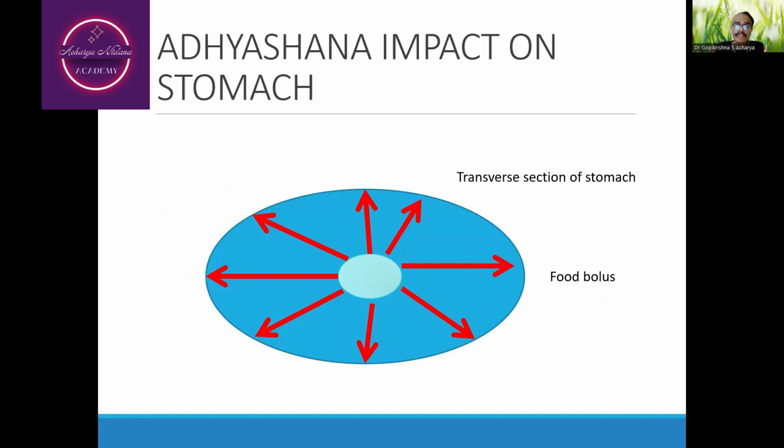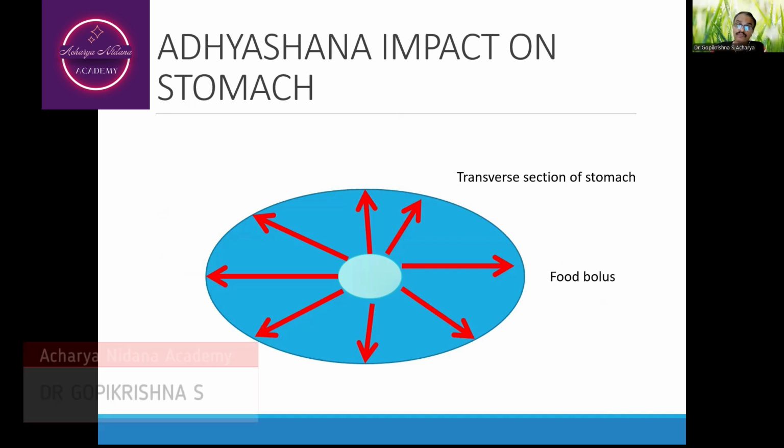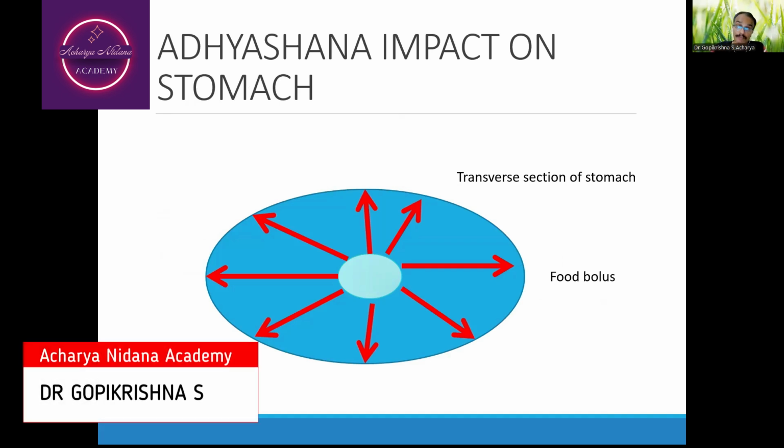When you think about the transverse section of the stomach, the newly ingested food will be moving directly down, whereas the already present food will be moving to the periphery. As they are macromolecules and intermediate molecules, they have heavier or moderate molecular weight, so they will be sticking onto the wall of the stomach and move very slowly.